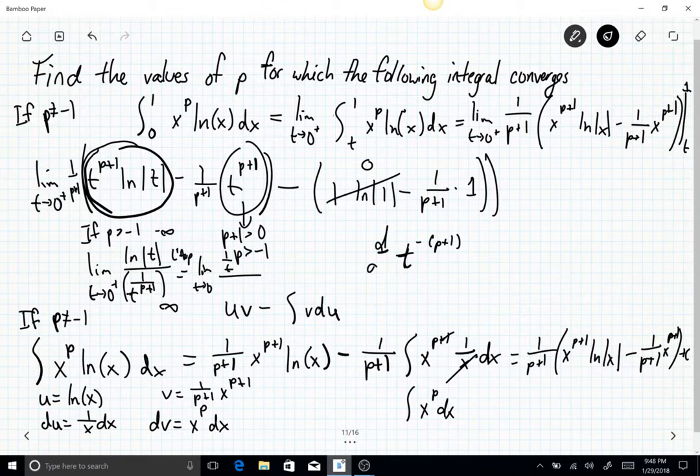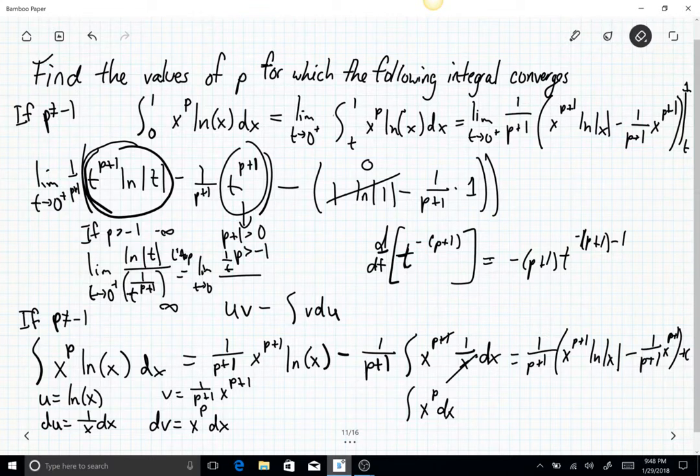And we're taking the derivative of this with respect to t, so hopefully we can see this. So that equals, we bring that down, so you get negative p plus 1, t to the negative p plus 1, and then we go minus 1. Well, notice that makes negative, and then it goes minus 1, so that's minus 2.